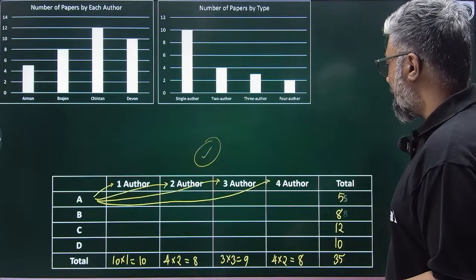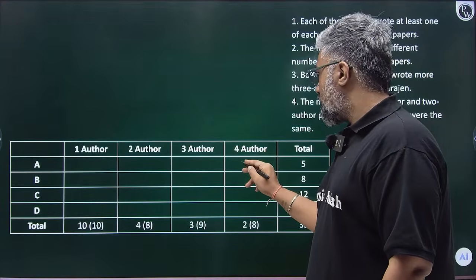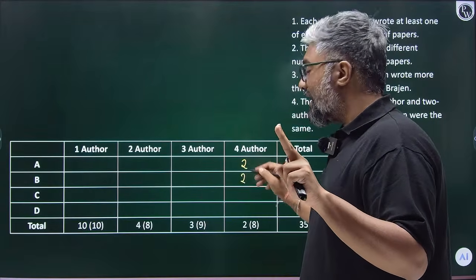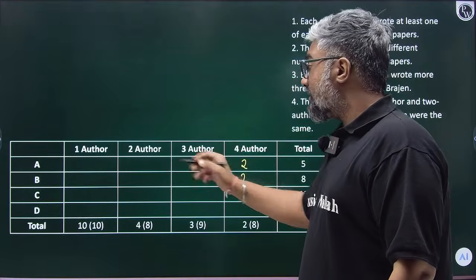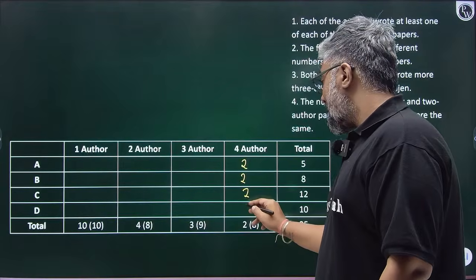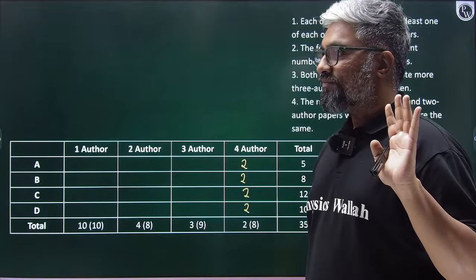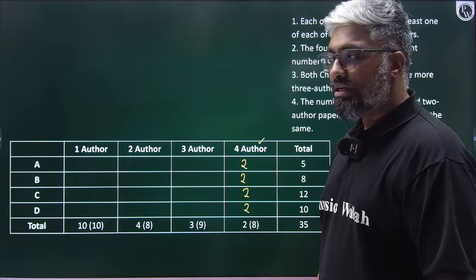So, can I say that A's 4 author contribution will be 2 papers? D has definitely written 2 papers along with A, B and C. C has written 2 papers along with A, B and D. And B has written 2 papers along with A, C and D. Perfect? This is good to go. This part is done. Any confusions here, guys?